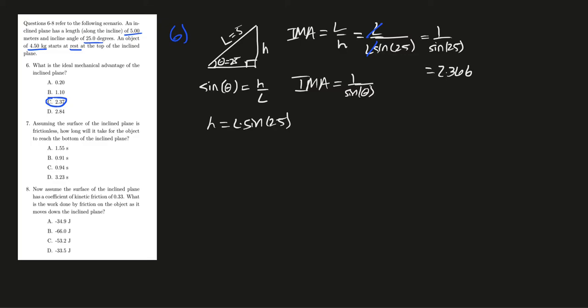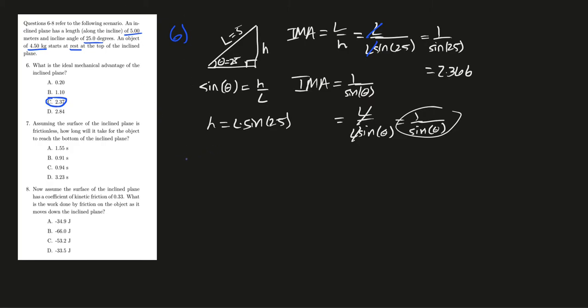And this is because if you write this out, like the H as we showed here, if the H was written out as L times sine of theta, it's essentially just L over L sine theta. But then the L's cancel, so you're just left with 1 over sine theta. So that's another quick and easy way to find the IMA of an inclined plane.